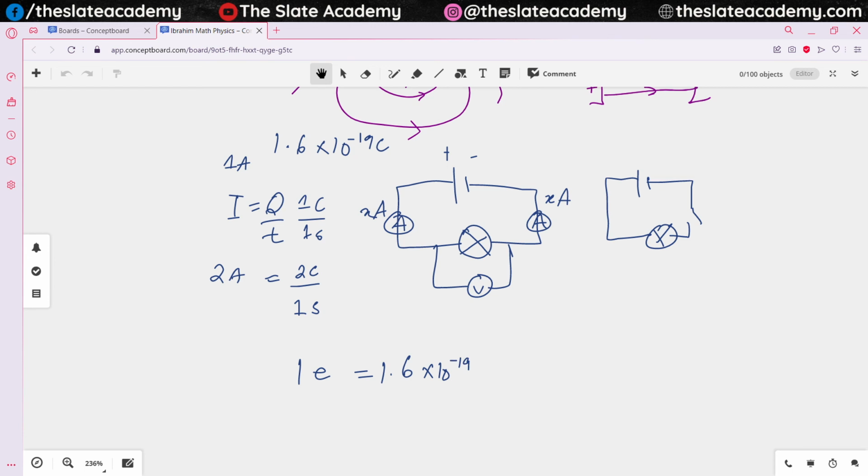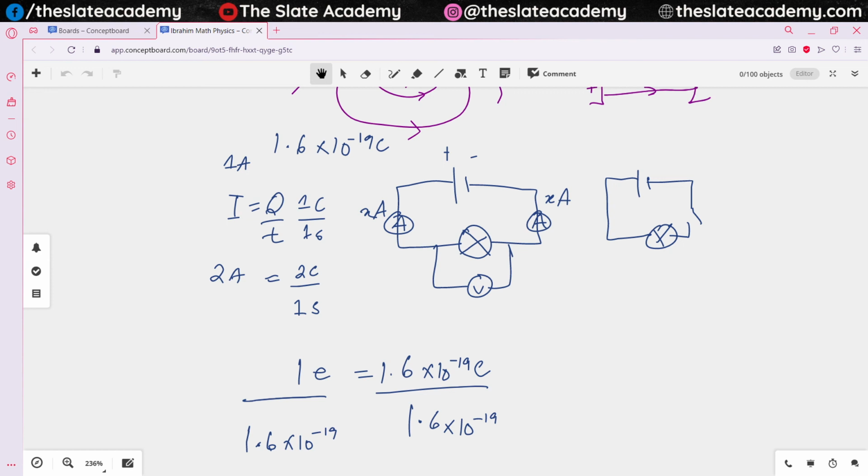If I divide both sides by 1.6 into 10 to the power minus 19, do on your calculator 1 over bracket 1.6 into 10 to the power minus 19.